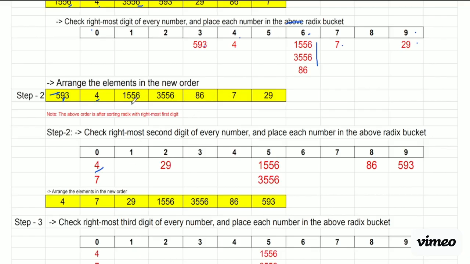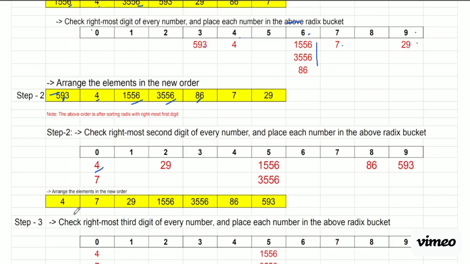Similarly, 7 is there too. 1556 and 3556 both have 5 in their tens place, so both of them are in the radix 5 bucket. And 86 will go to my radix 8.